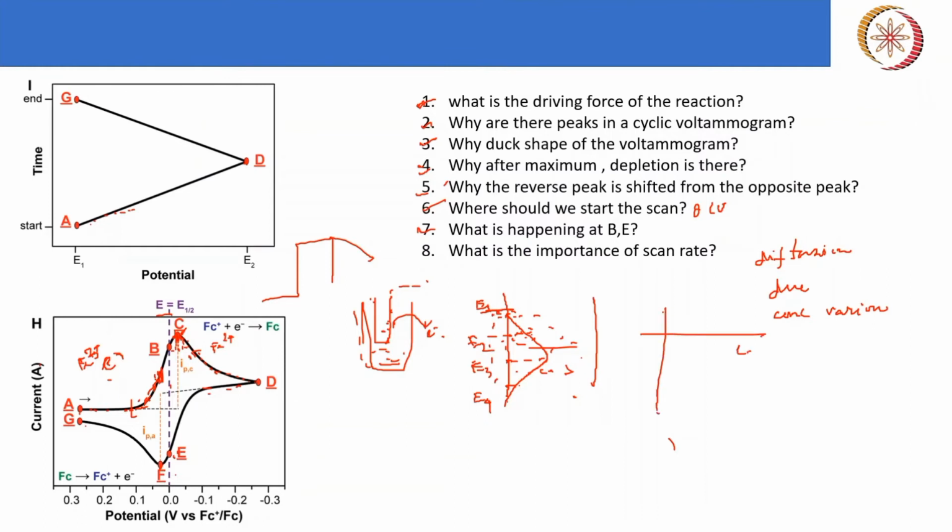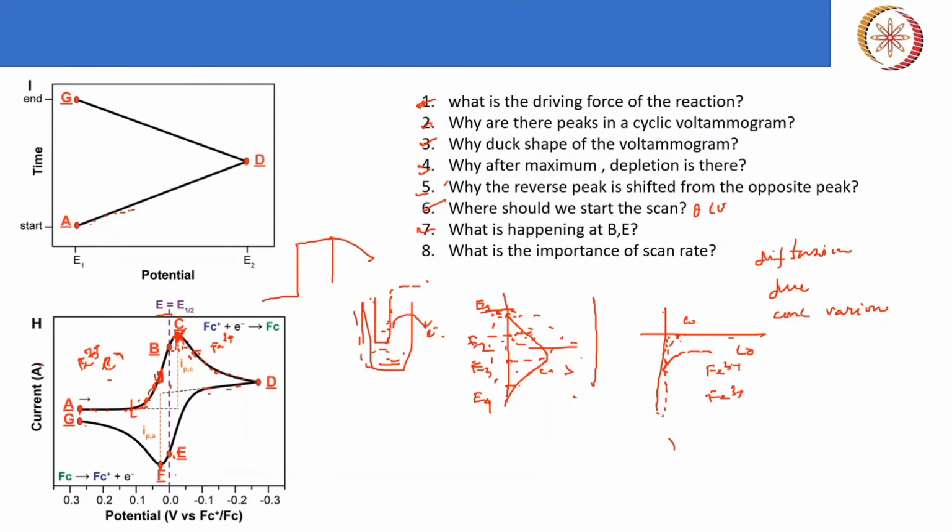If you see, this is your electrode surface and this is your bulk concentration. In the initial state, the whole solution is Fe3+. When you apply the potential, Fe3+ comes to your electrode surface.